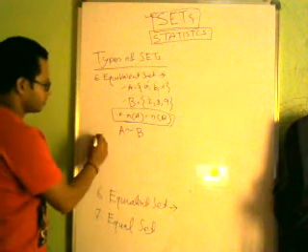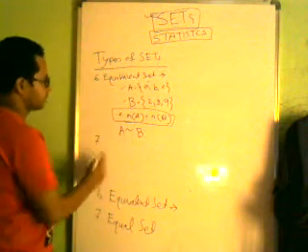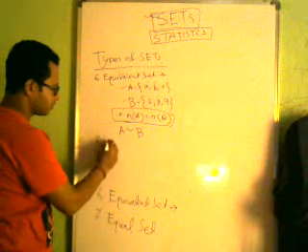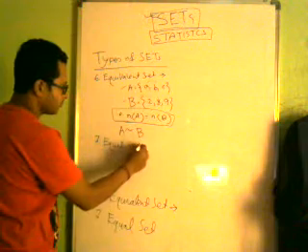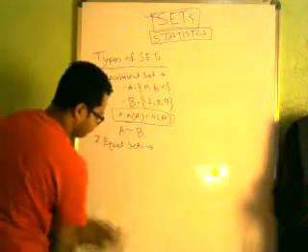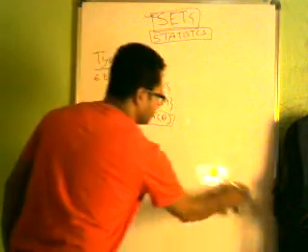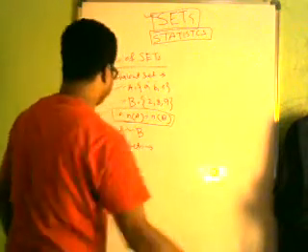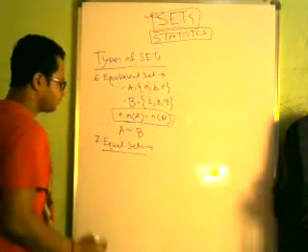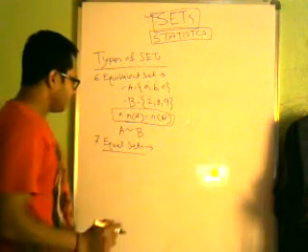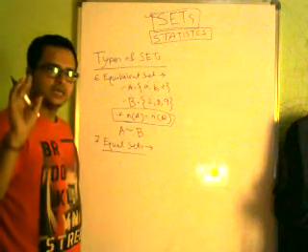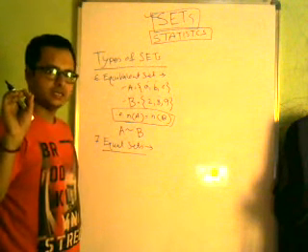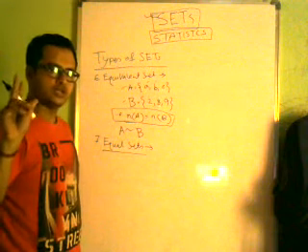Now comes the seventh one, the last one, the equal sets. In equal sets, if two sets have the same elements, then we call both sets equal sets.